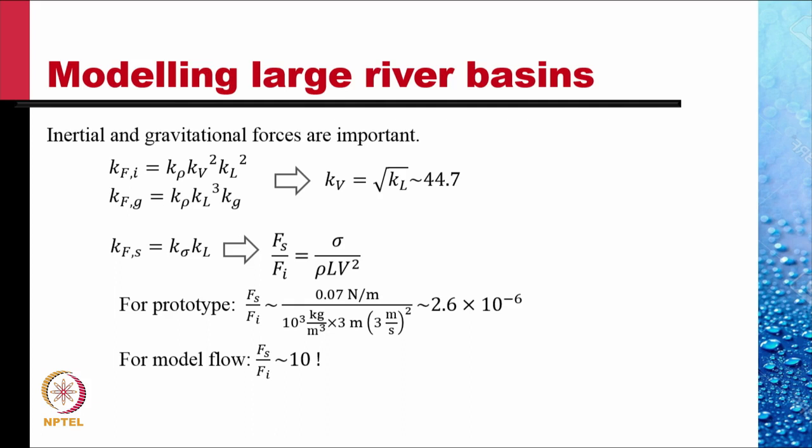So obviously, a model run on the basis of Froude similarity would fail, because though the surface tension force in the prototype is negligible, it is non-negligible in model flow. So the model flow is not really modeling the prototype flow correctly.